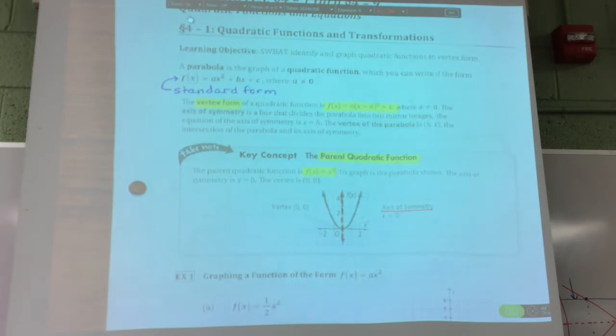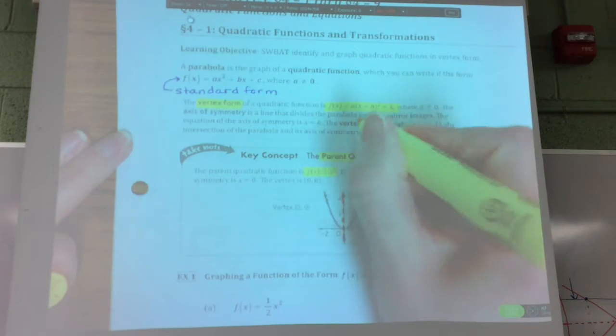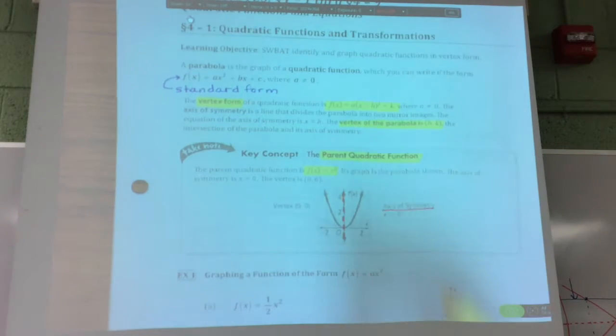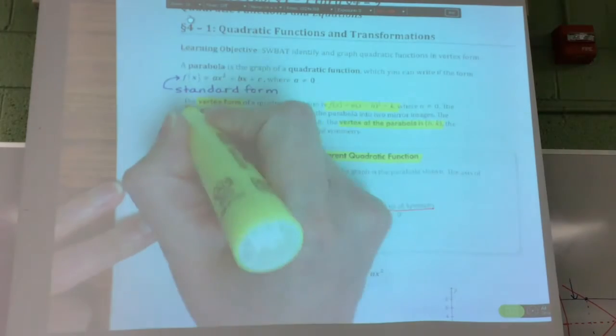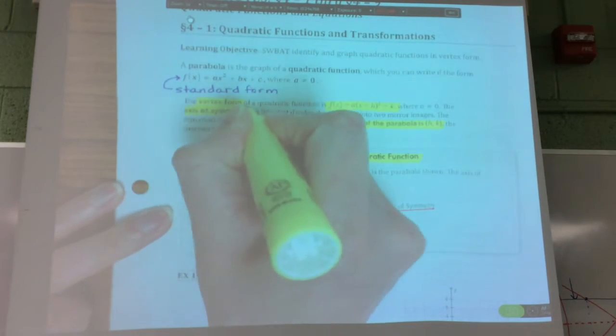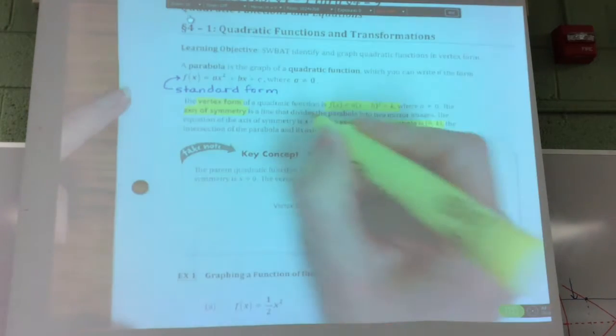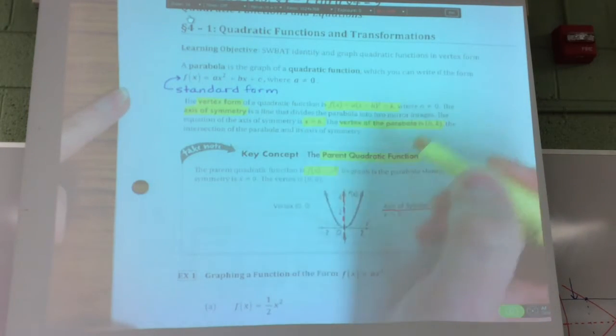Now, the vertex of the parabola is (h, k). And remember (h, k)? (h, k) was the vertex of the absolute value function. Guess what? (h, k) is the vertex of a parabola. And do you remember with the axis of symmetry? The equation for the axis of symmetry with an absolute value function was x equals h.